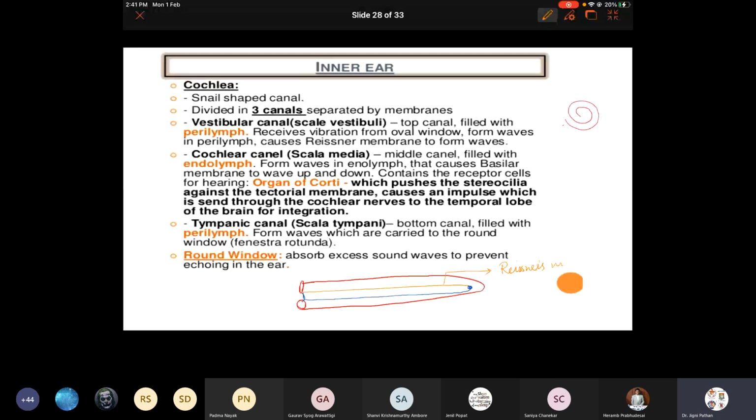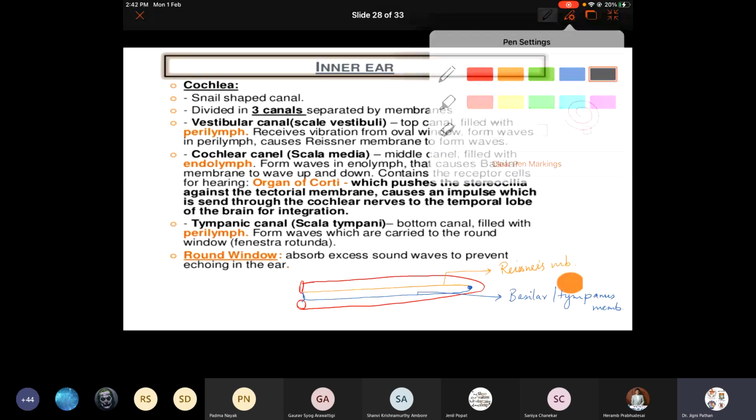Whereas the blue one is the tympanic membrane or basilar membrane. This leads to the formation of three canals.